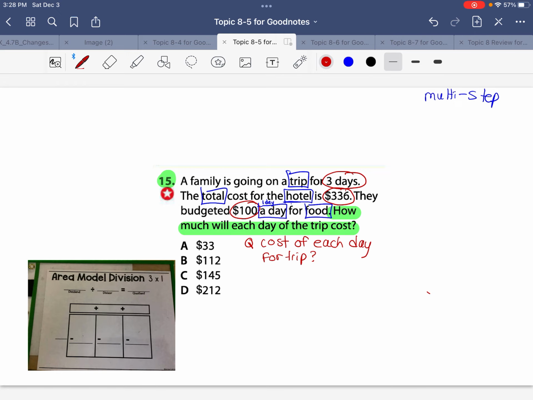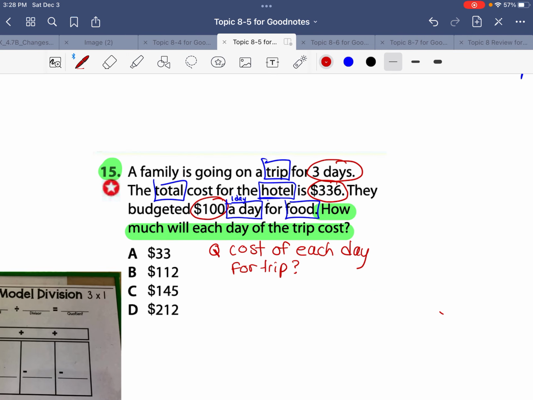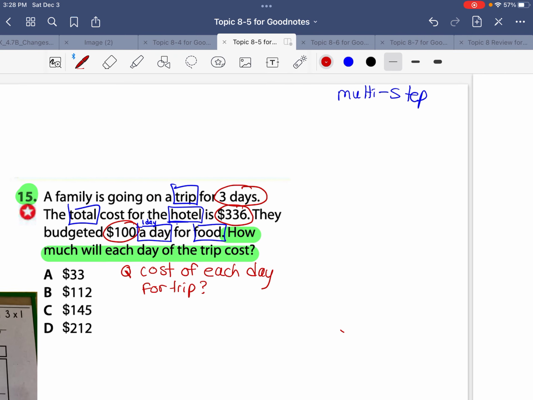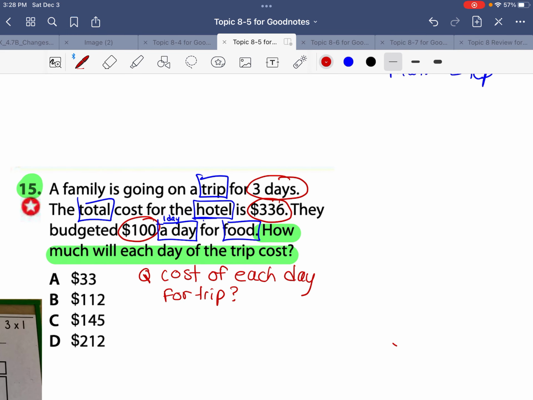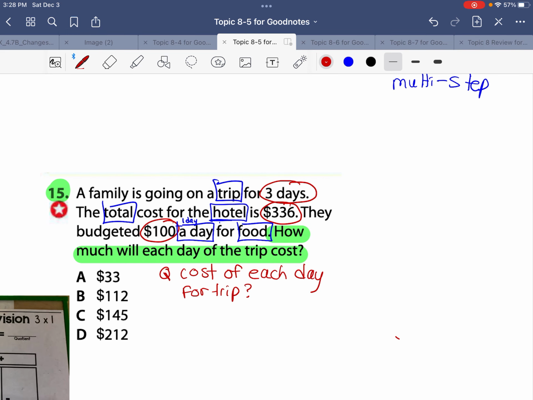Okay, so I'm going to do my get, my groups, my each, my total. So in my total, it says the total cost for the hotel is $336.